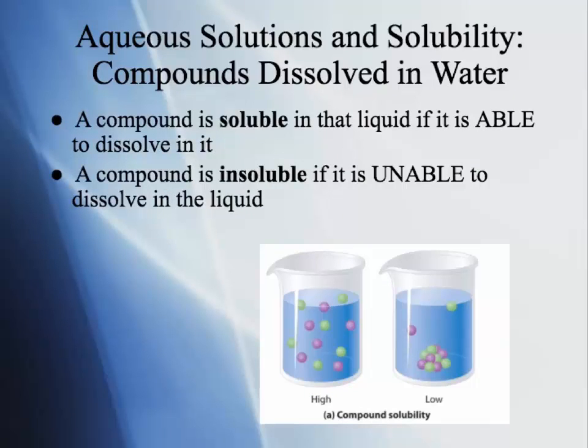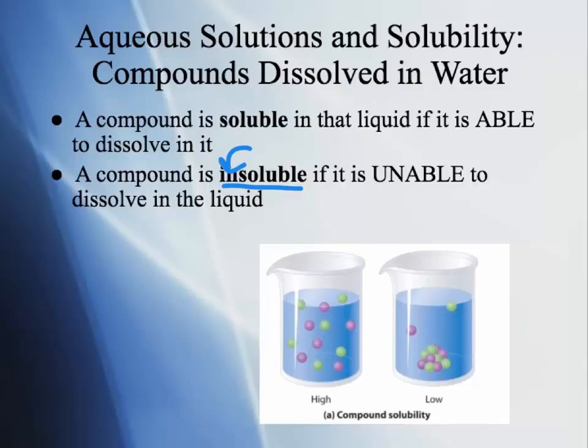All right, so I had mentioned it in the previous slide, and here it is officially. Solubility is basically our fancy word in chemistry for being able to dissolve in water. So a compound that is soluble is able to dissolve in water, and a compound that is insoluble, note the prefix in, which means without, is not able to dissolve in water.